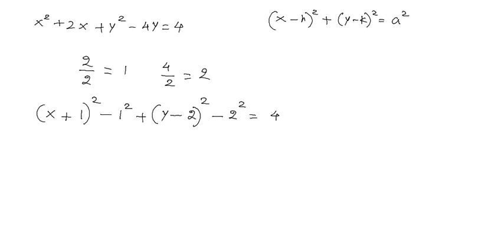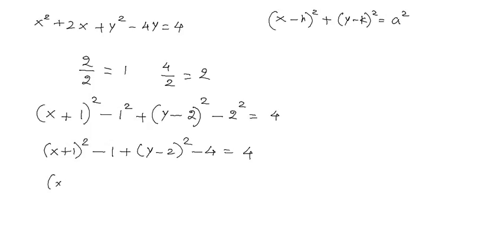Then I take y, the sign of the y term is negative, then this number, whole square, so (y − 2)². After this, always a negative sign and this number with a square, 2² = 4. So the next step will be (x + 1)² − 1² + (y − 2)² − 4 = 4.